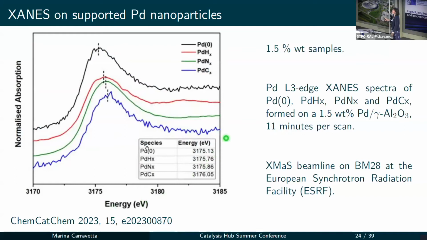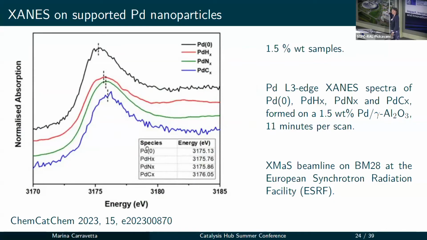So first of all, we verified the formation of the various species, the hydride, nitride, and carbide, by doing the XANES experiments. The experimental conditions for this data are reported here. And I want to mention that these samples were 1.5 weight% in palladium.